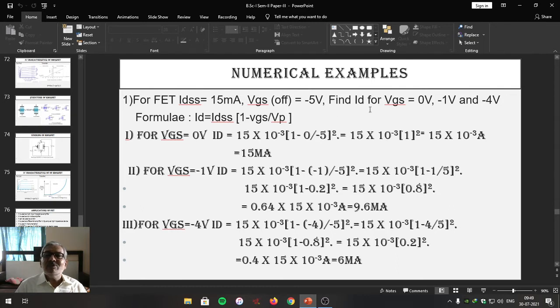Find ID for VGS equal to 0 volt, minus 1 volt and minus 4 volt. Friends, this is a single example, but three calculations are essentially needed. Same quantity to be calculated for the different values of VGS.